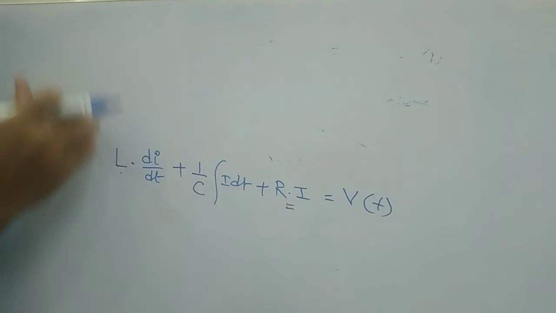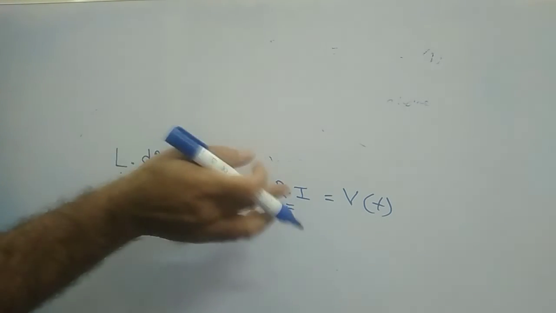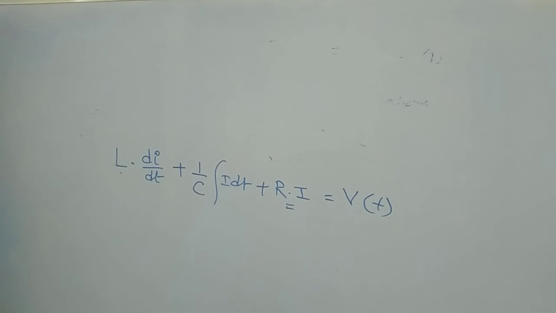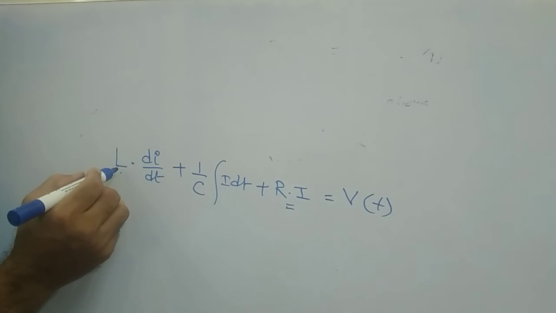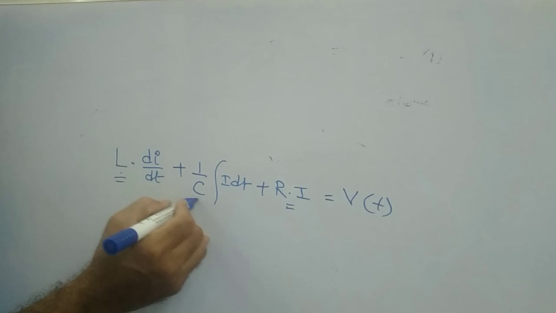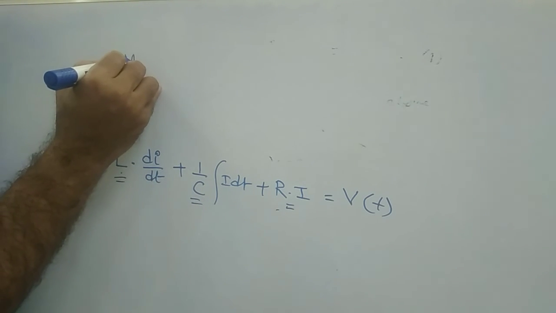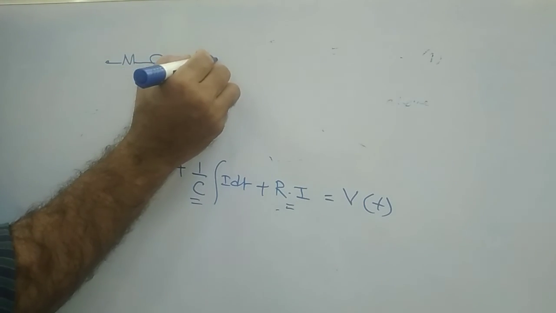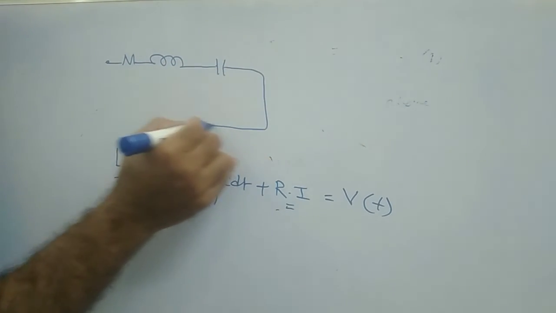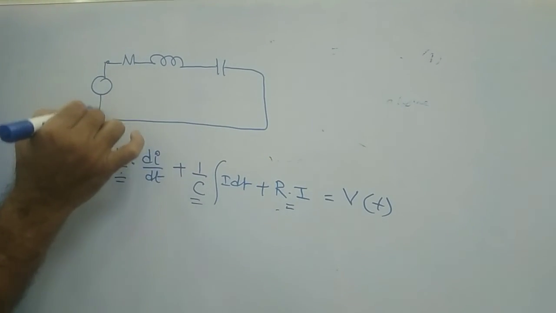So we have to draw an electrical circuit with the input V of t. V of t is obviously the input. And here, what is L actually? L is one, so it is L, it is C, R, which means it is basically an RLC circuit. R, L, C. You can draw it like this, and you can draw your V of t.